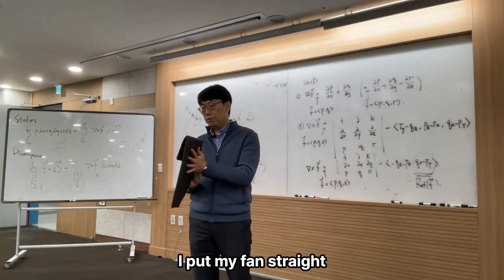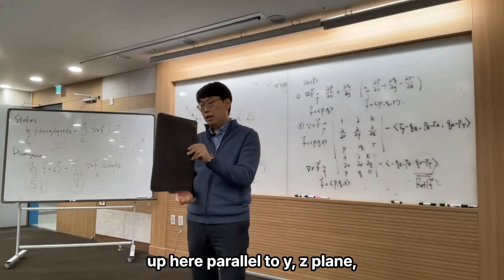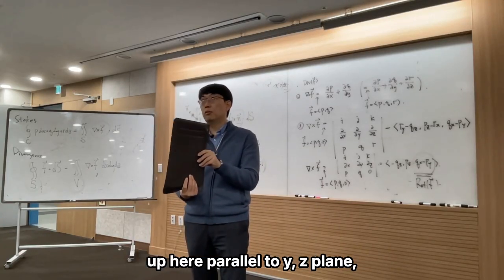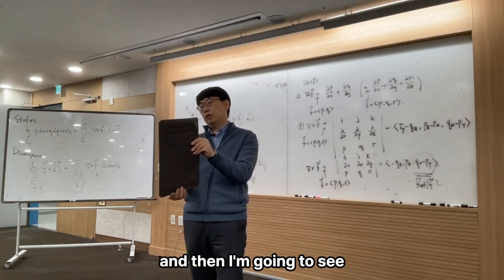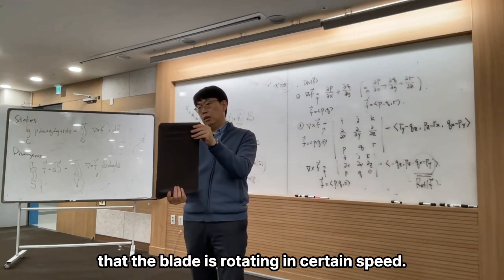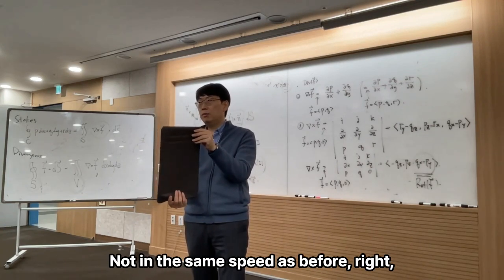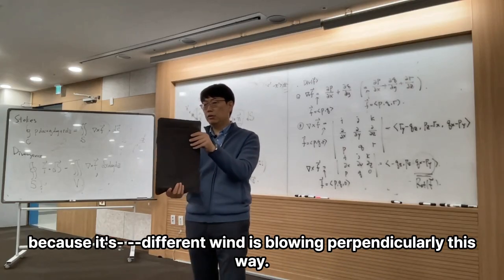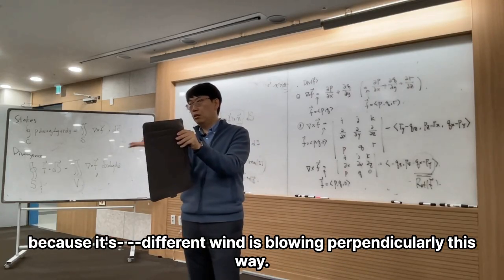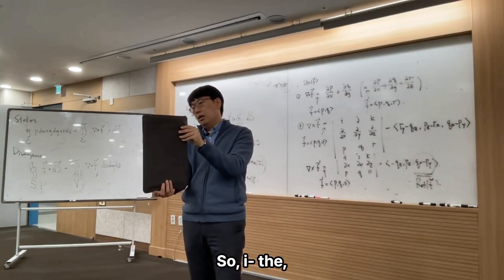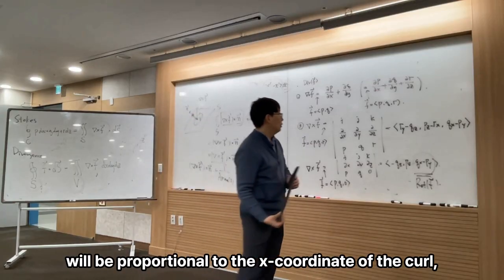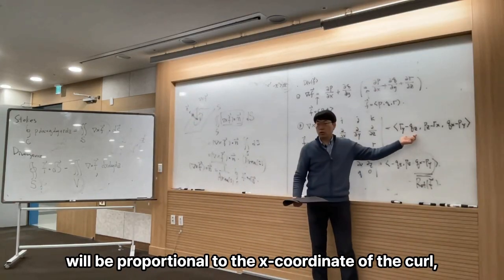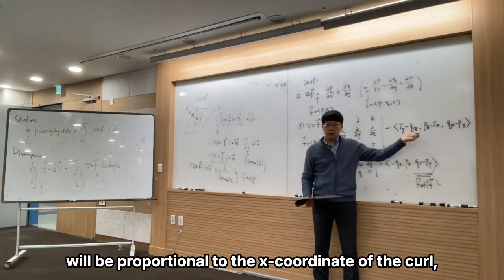Then let's say I put my fan straight up here, parallel to the yz plane. I'm going to see that the blade is rotating at a certain speed, not the same speed as before, right? Because a different wind is blowing perpendicularly in this way. So the speed of the blade rotating around the fan will be proportional to the x-coordinate of the curl, and so on.